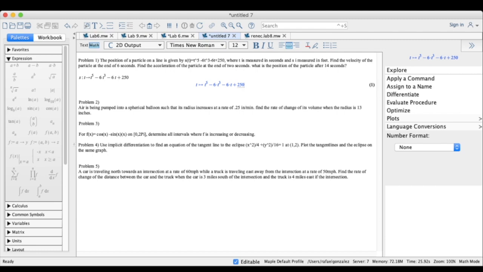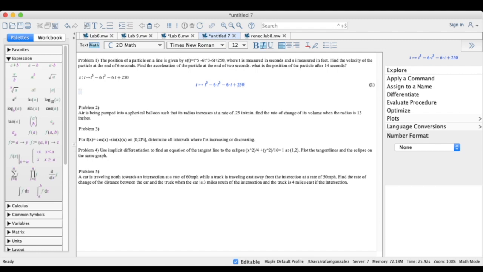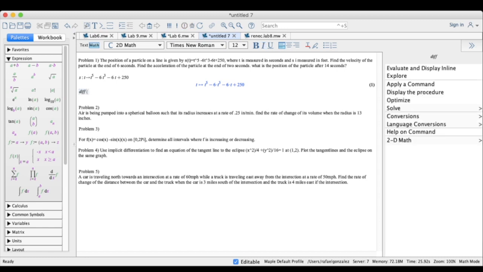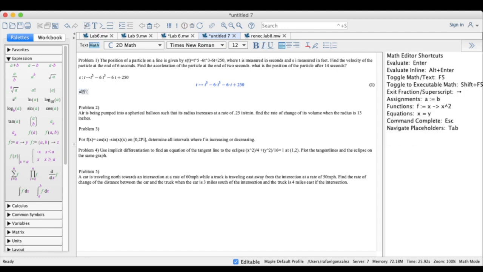If you remember from your lecture, the velocity for the particle is given by the first derivative of the function. So we have diff of the function, and the function is s of t with respect to t.